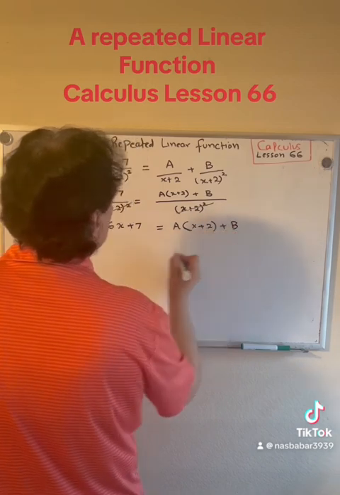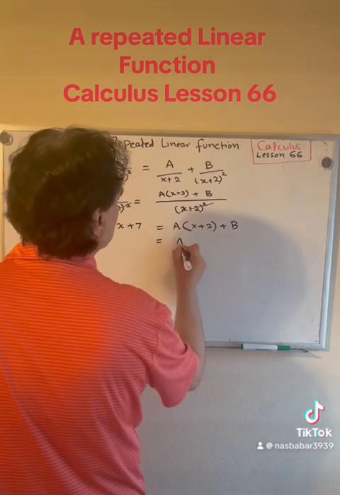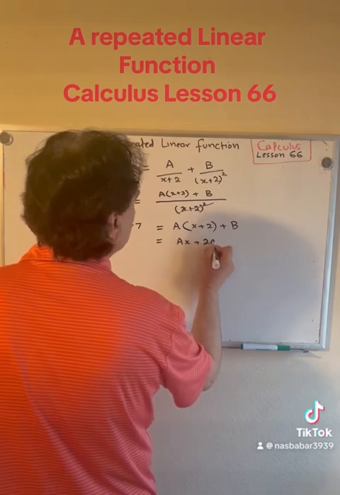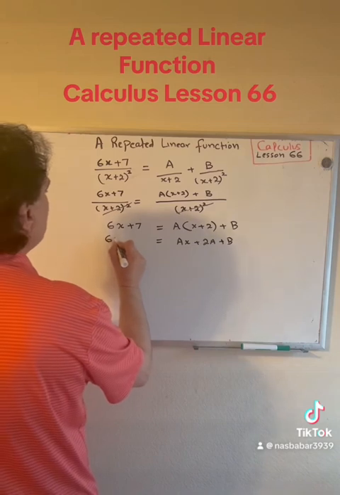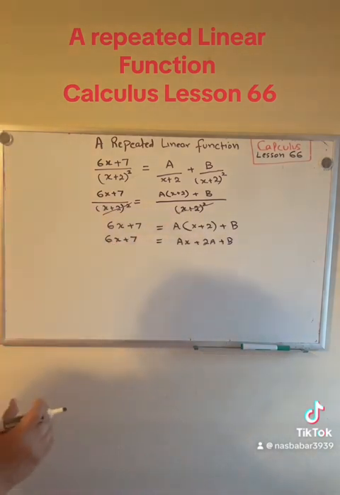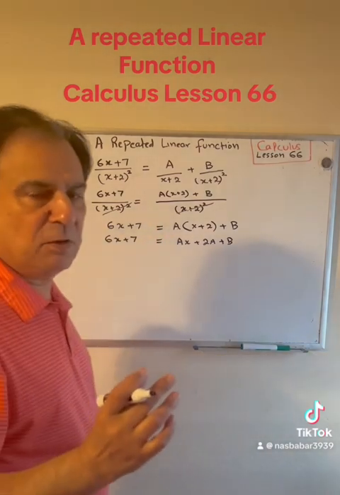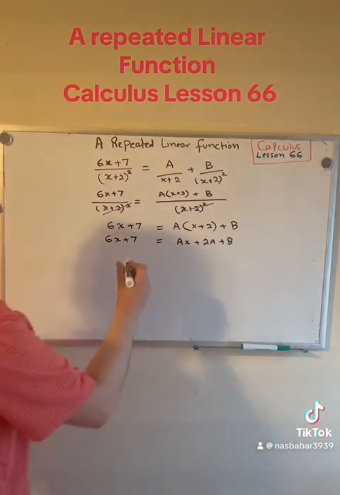Let's go ahead and open it up. So a times x is ax, a times 2 is 2a, plus b. Now the problem becomes even simpler. We're going to segregate what we have associated with x and what we have associated with the 7.